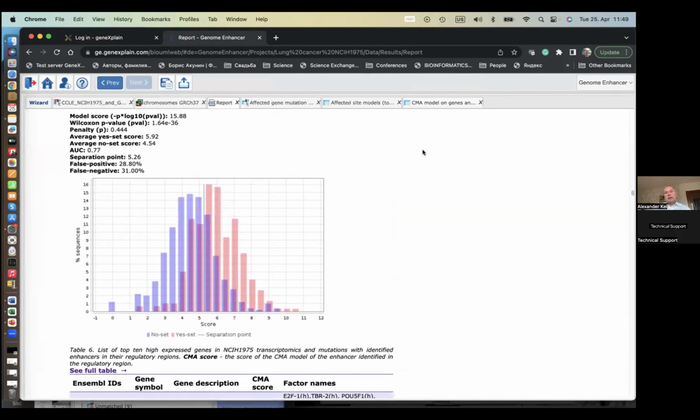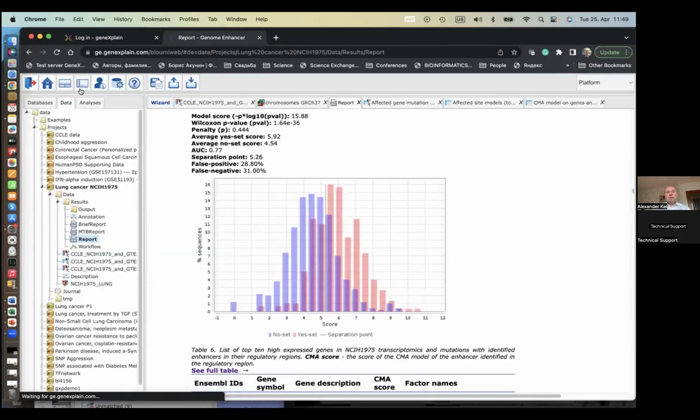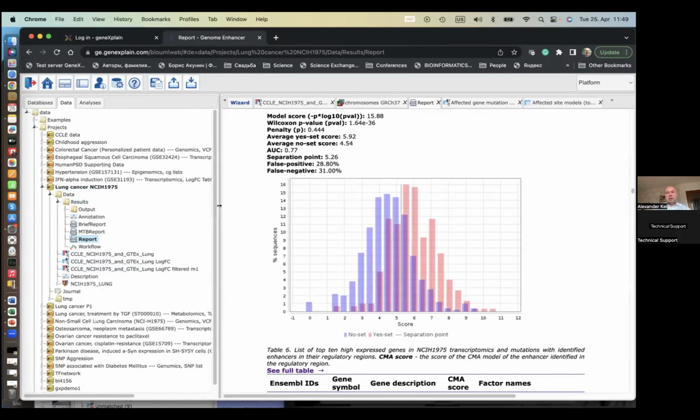So at that moment, we can also look at even more details. I will go now into the platform view. So far, we've been looking at information from that report and at these ready tables. But if you go now to the platform view, we in fact can go directly into that folder where this system, this Genome Enhancer pipeline, was running and created so many outputs.